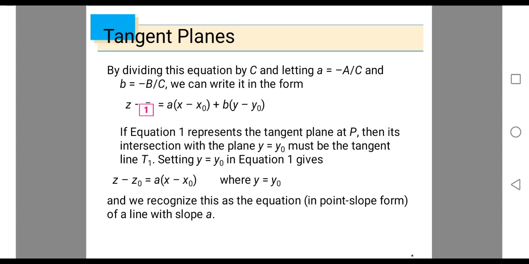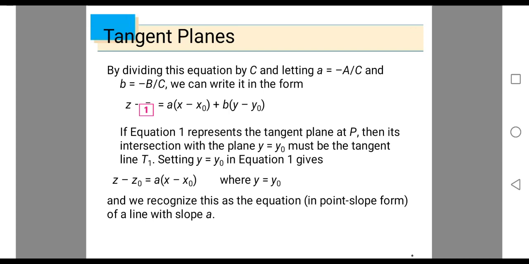So setting y equal to y naught in equation 1 gives us z minus z naught equal to a into x minus x naught, with y equal to y naught. We recognize this is the equation in point slope form of a line with slope a.